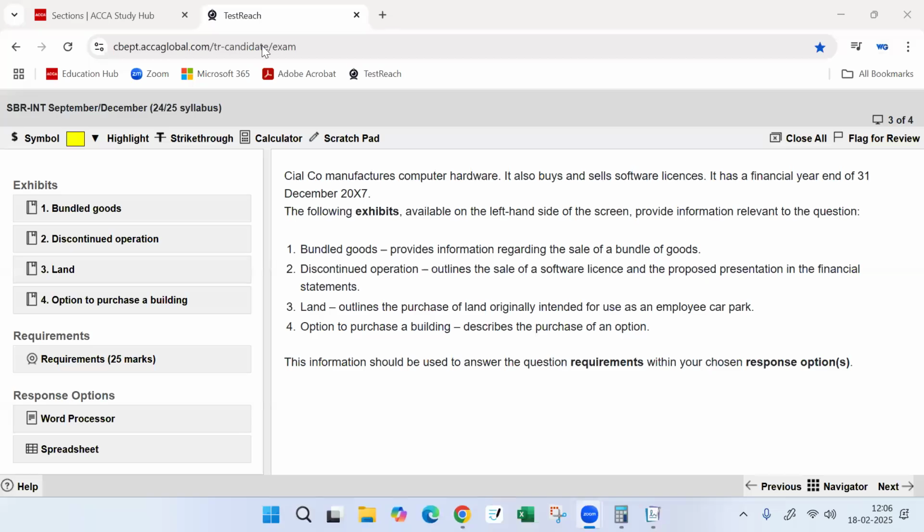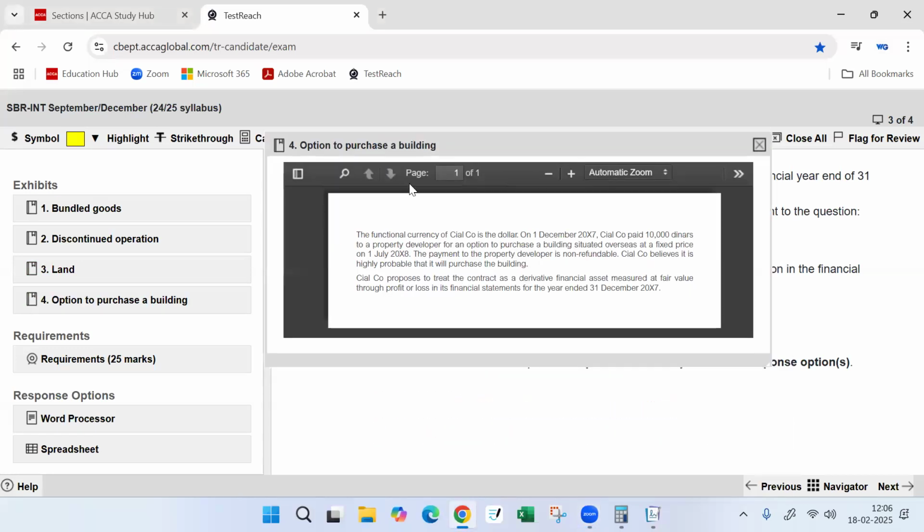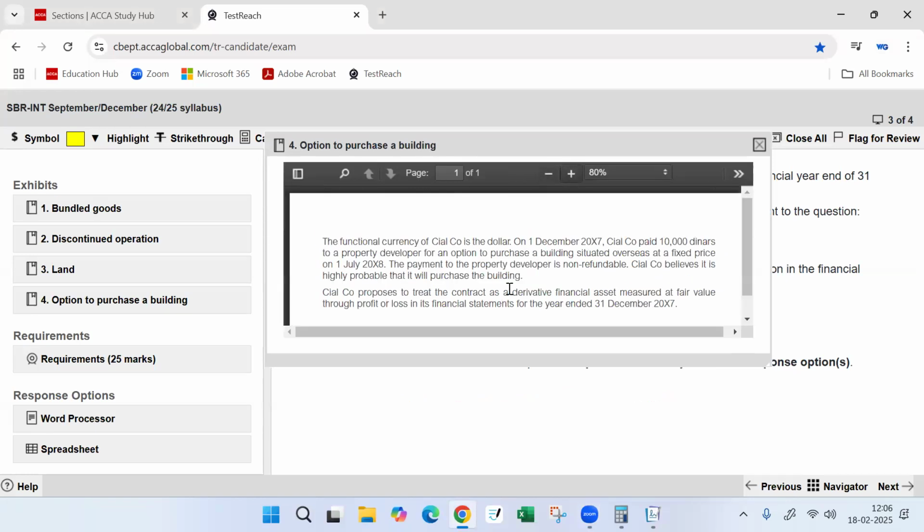Okay. So let's continue with the last question for this particular scenario, which is option to purchase a building. The functional currency of CL is dollar. On 1st December, CL paid $10,000 to a property developer for an option to purchase the building situated overseas at a fixed price. The payment is non-refundable. CL believes it is highly probable that it will purchase the building.